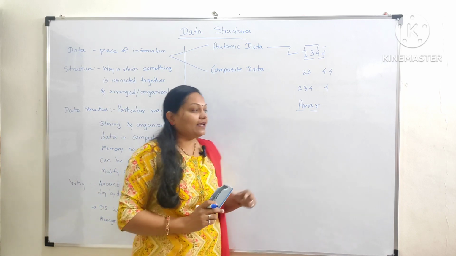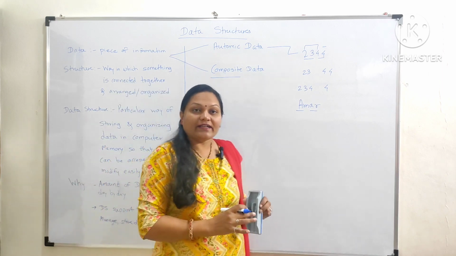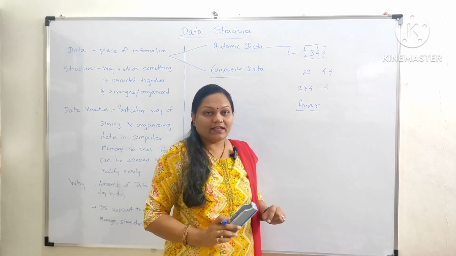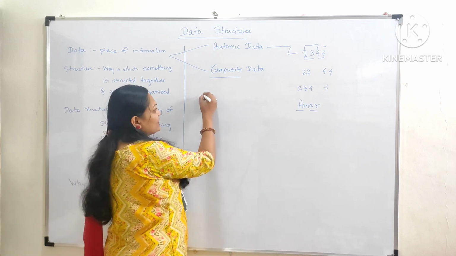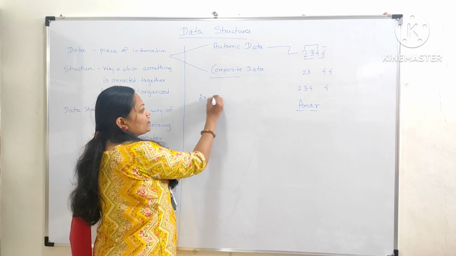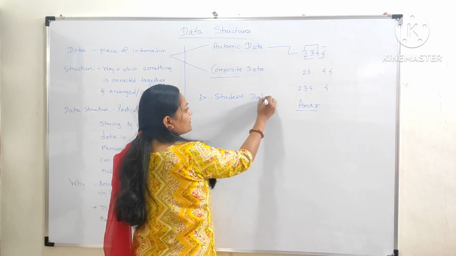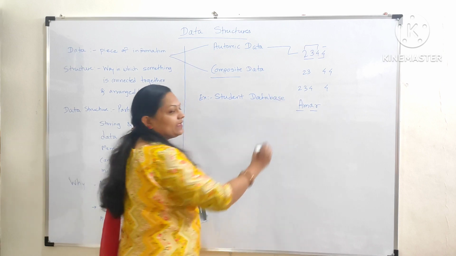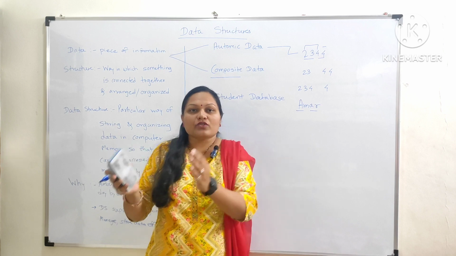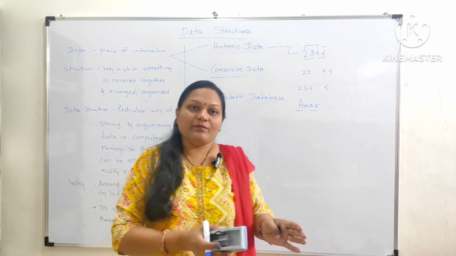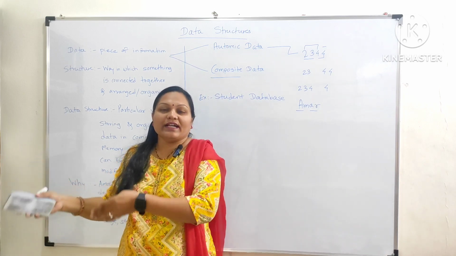Now consider the second case, that is composite data. We can divide it. It is not a single entity. Let's see one example: the student database. In a student database, there are actually different entities, for example, student roll number, student name, student enrollment number, student result, student attendance.